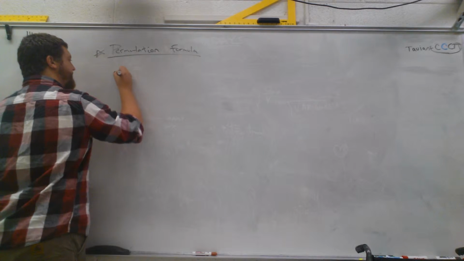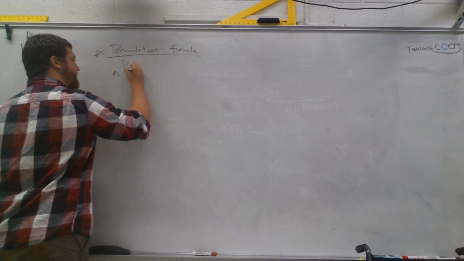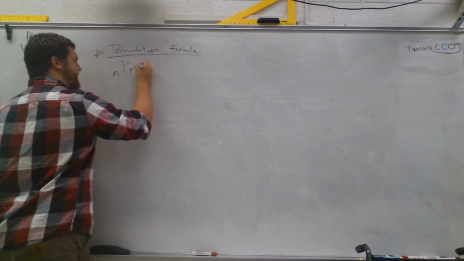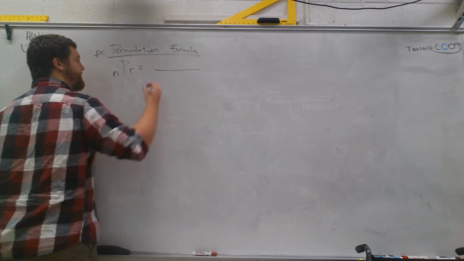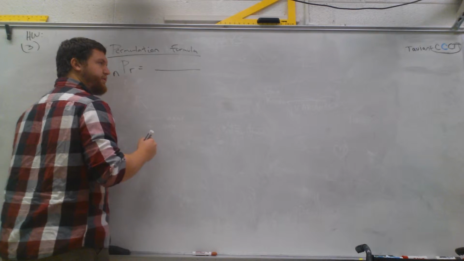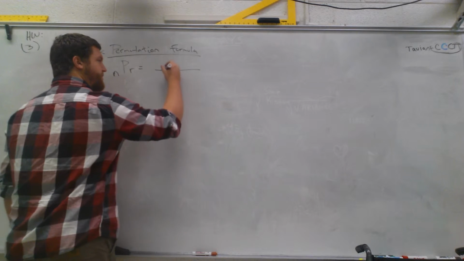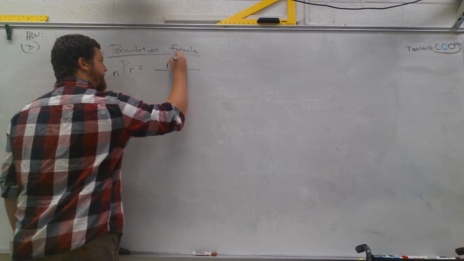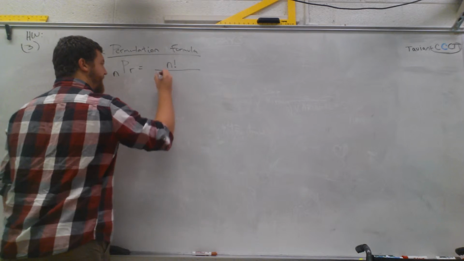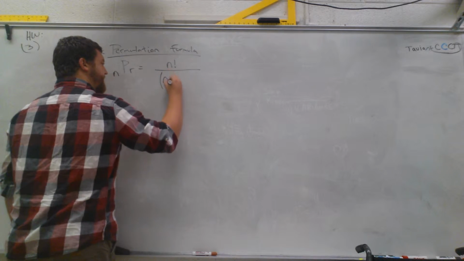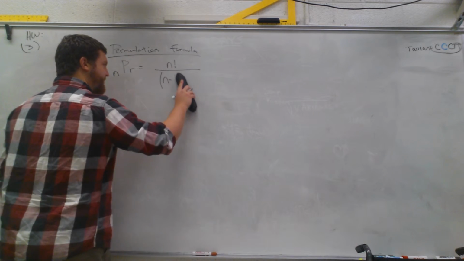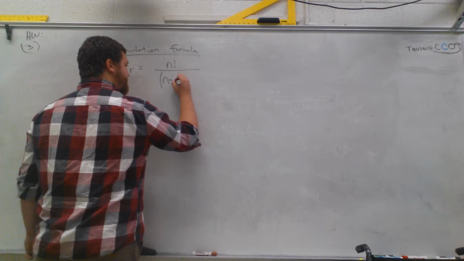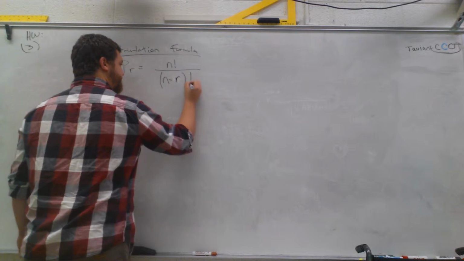If we have nPr equals n factorial divided by n minus r, that's an r, not a 9, I don't know where that came from, n minus r factorial.